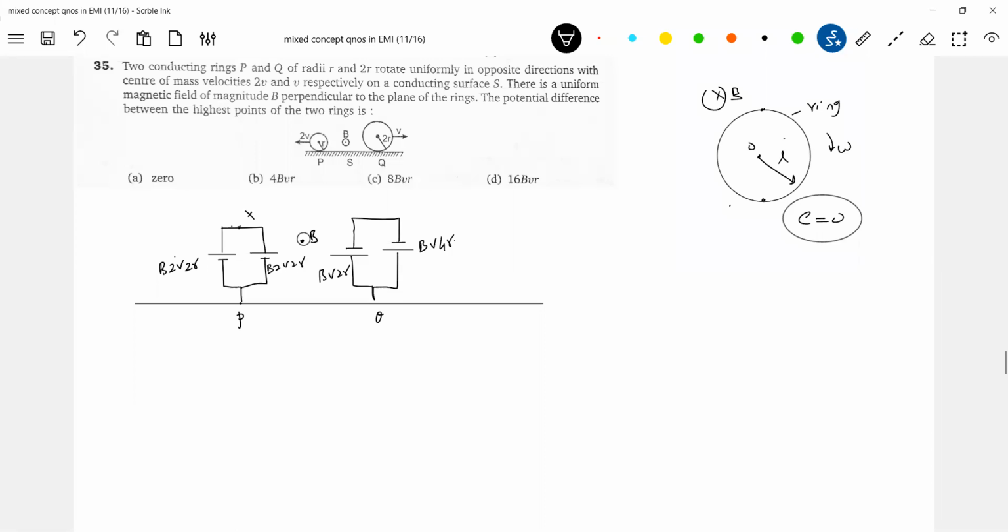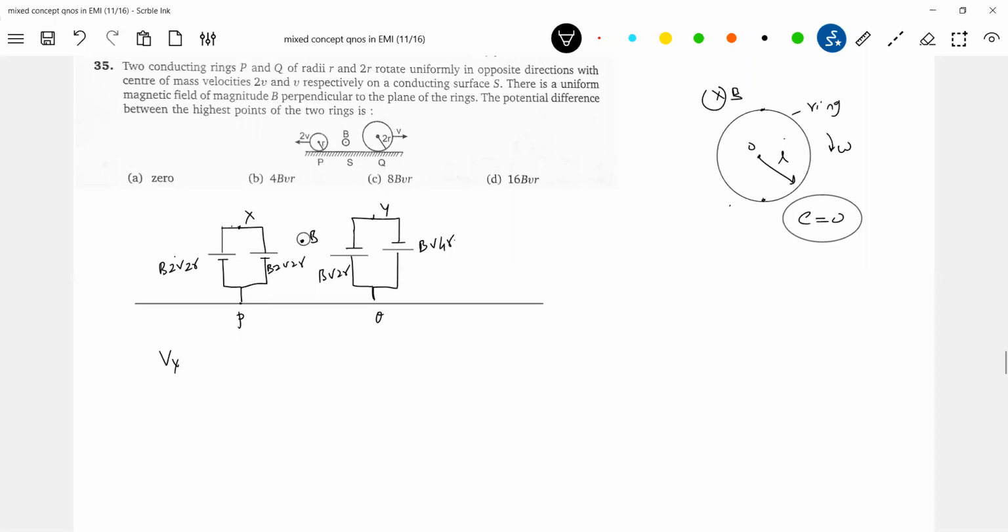It's asking potential difference from X to Y. So let me proceed like this. Vx, is the polarity okay? How to decide polarity? B bar, velocity. B bar out of the plane. I think first the left rod I'm bringing polarity.